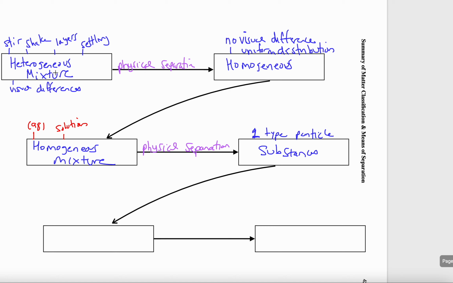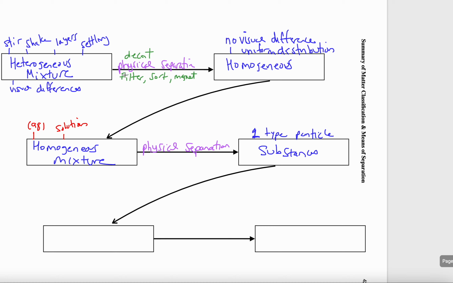Before I go on, I want to add the separation processes here. So a heterogeneous mixture, to separate it and to create a more homogeneous sample, we would use techniques like filter, sort, maybe a magnet, depending on the nature of the items in there. We could decant or use that separatory funnel.